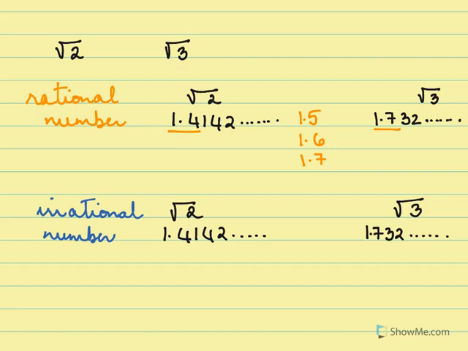So we just take one of these numbers, like 1.5, which we know lies between, and we make a non-terminating, non-repeating decimal. Or we could also take 1.6 and make a non-terminating, non-repeating decimal. So this will be an irrational number lying between root 2 and root 3.